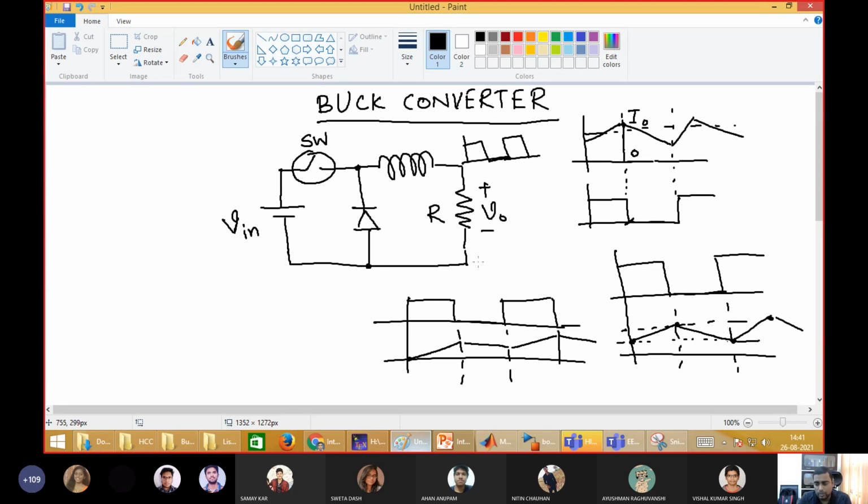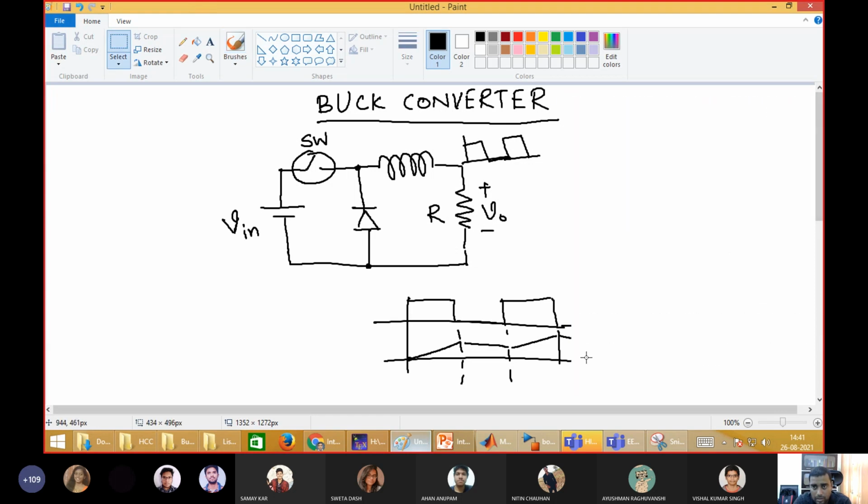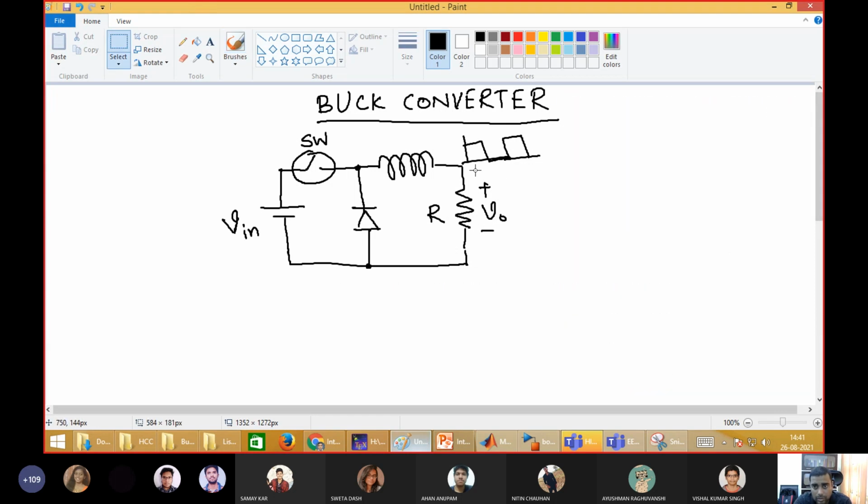Now all of you try to draw this on your copy. Output voltage equals input voltage minus inductor voltage.